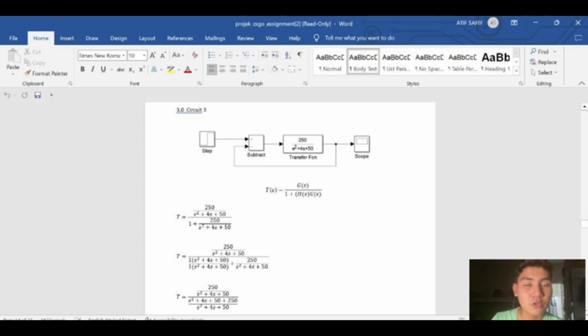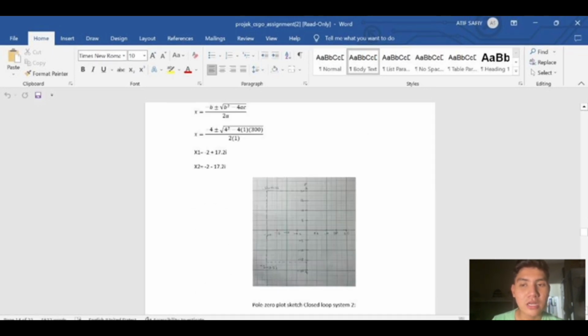After we use the equation, we get the answer for s equal to negative 4 plus minus square root of 4 squared minus 4 times 1 times 300, over 2 times 1.